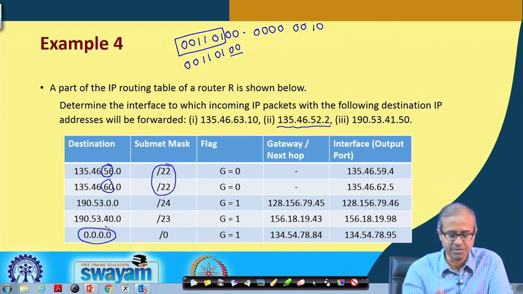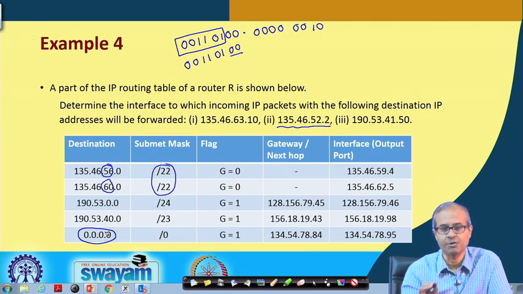Default in the routing table is mentioned as all zeros. This is the convention which is followed. All 0 as the address means it is the default route. And this flag G, you just recall, G indicates whether it is a direct route or an indirect route. If it is directly connected, G will be 0. If it has to be forwarded to another gateway, then G is 1.